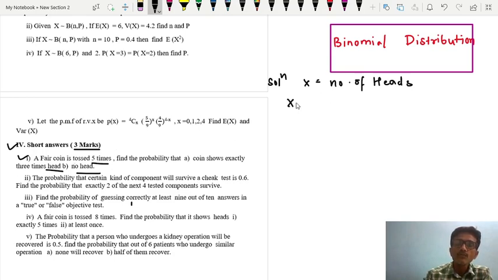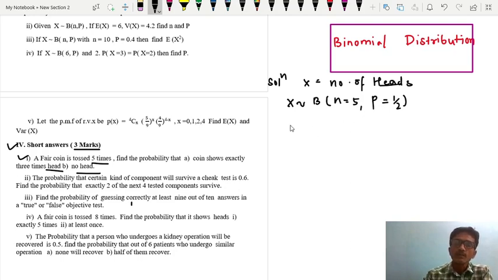Now X follows a binomial distribution with parameter n equal to 5 and probability p. As the probability of getting a head is 1 by 2, we can write p as 1 by 2.